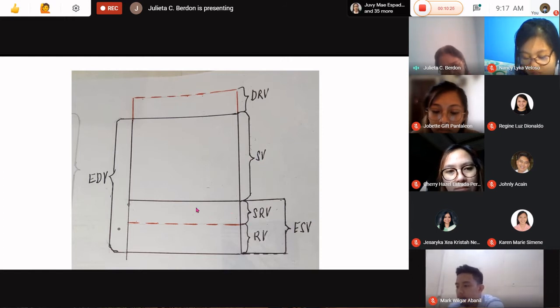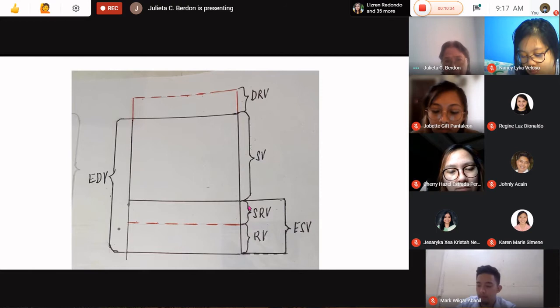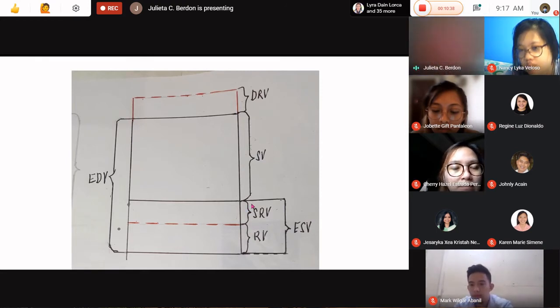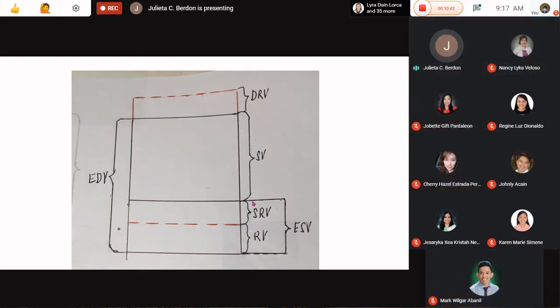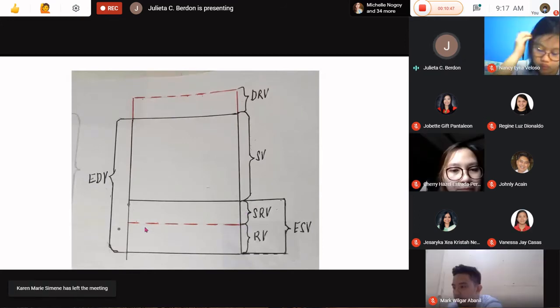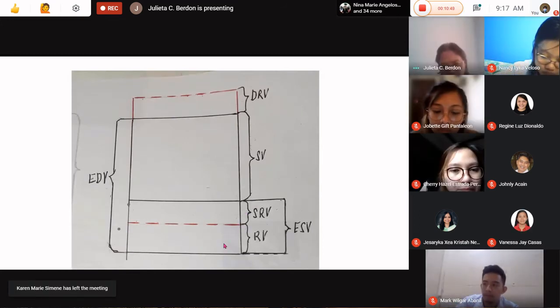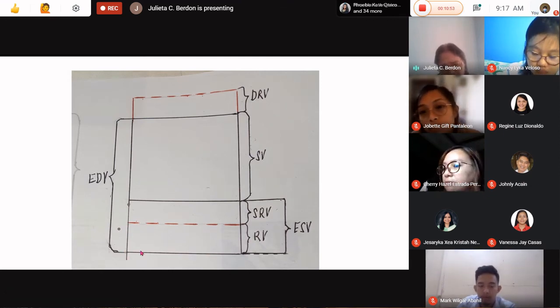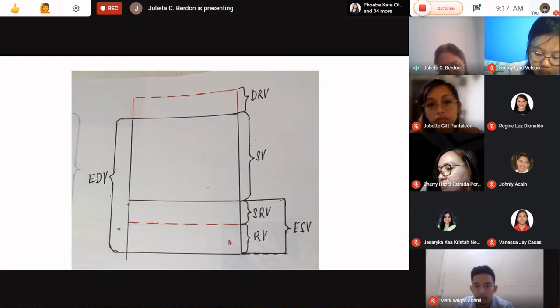Once it is ejected out of the ventricle, it's already a stroke volume. And what will be left behind will be your residual volume. It will always be there in your heart and will not be ejected.